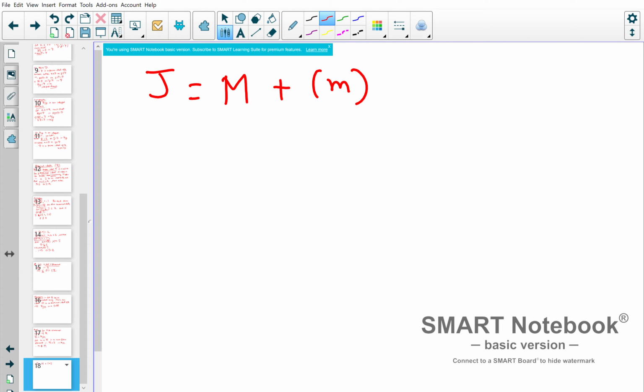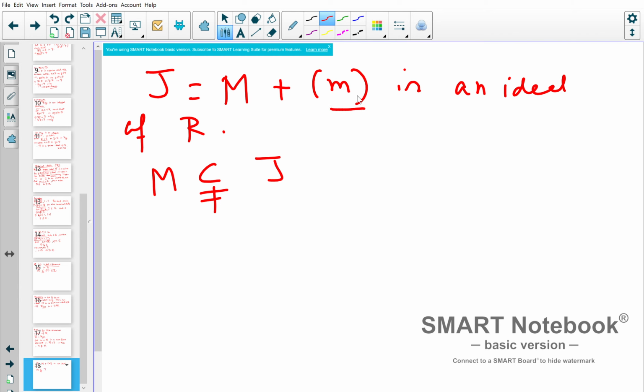So J is an ideal of R, right? Now you see that your M is properly sitting inside J, because you have something outside M, and J is inside R. This is the relation we find out from M, J and R.